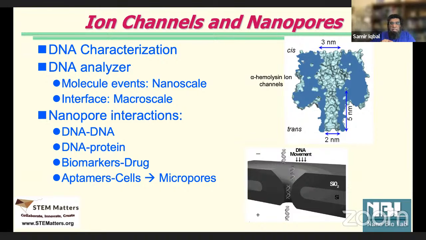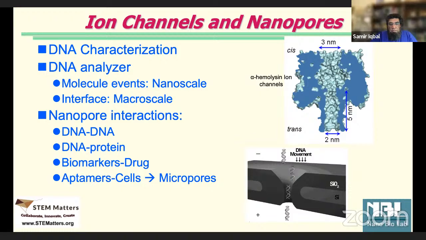We can measure when a DNA passes through. We can measure if a specific chain is passing through. We can measure if there is DNA-DNA interaction going on. We can bind DNA to proteins and look at how the passage of DNA molecules changes, what the forces of binding between them are. We have also used it to look at biomarkers, proteins that travel through those channels.